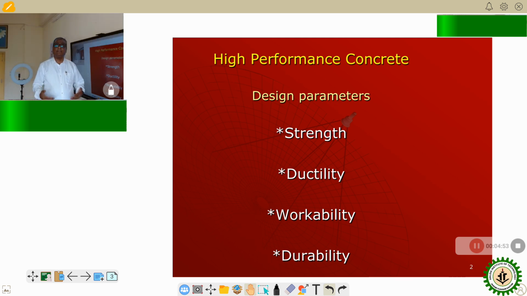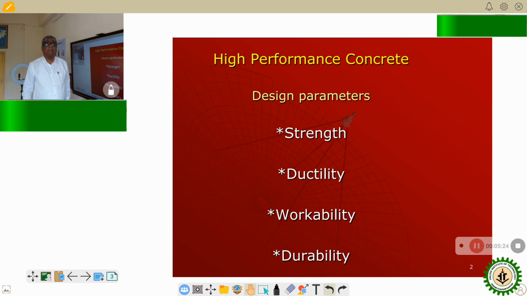But through my previous discussion, we have understood that durability is important: in an aggressive environment, in acid, sulfate, and chloride environments, how it will behave. That may be one of the requirements of the industry. And ductility: as you all know, for earthquake resistant design, ductility is a very important aspect.